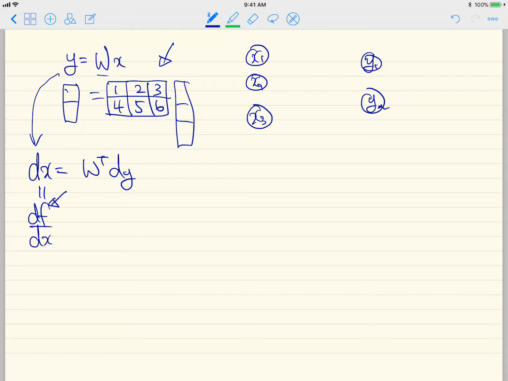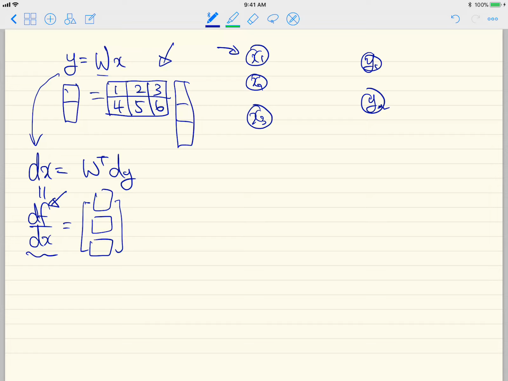Let's think about the gradient with respect to x1. Here x is a vector, so what should be the dimension of the gradient with respect to the vector x? It should be a three-dimensional column vector, right?